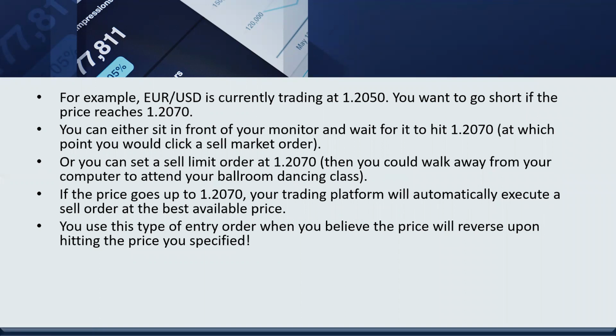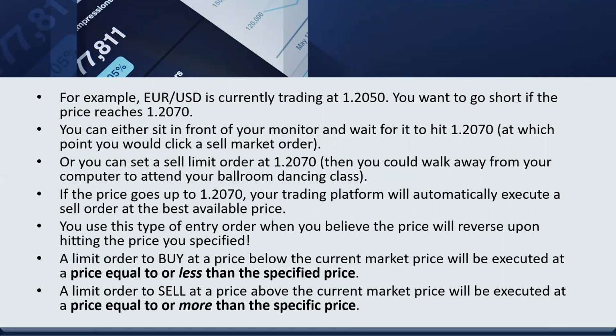If price goes up to 1.2070, in your trading platform it will automatically execute and take you into the market. You use this type of entry when you believe that price will reverse when it gets to a particular point.